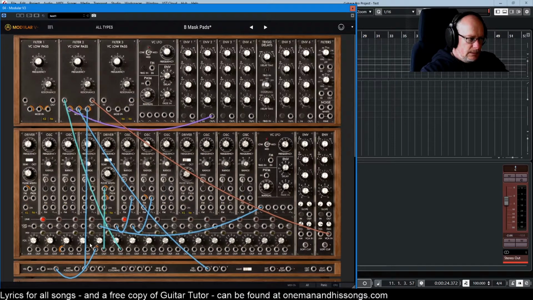So this little module down here it was feeding over here, it's also feeding into this one, so we've got two outputs doing the same job on both sides. Modulation wheel applying frequency modulation to the tone.